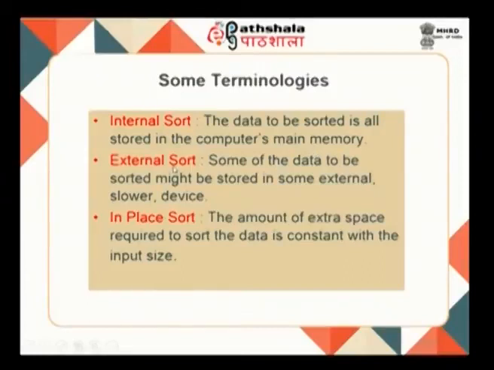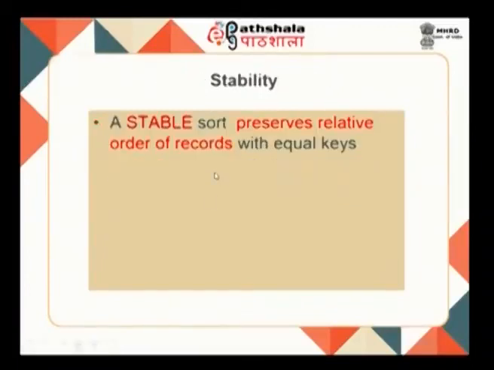Then external sort, where the data may be present in an external device also, and in place sort, where the amount of extra storage required to sort remains constant with the input size. Similarly, a stable sort is one that preserves the relative order of the records if the keys happen to be equal. These are the terminologies that are normally associated with sorting.